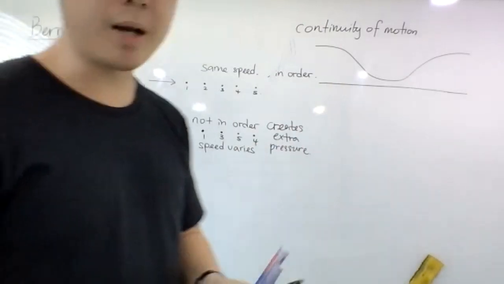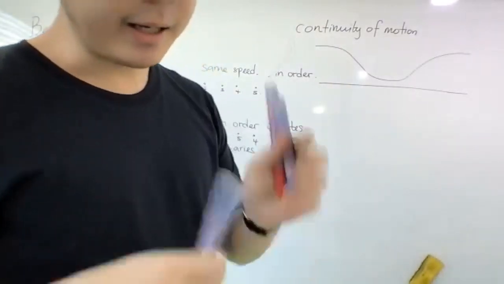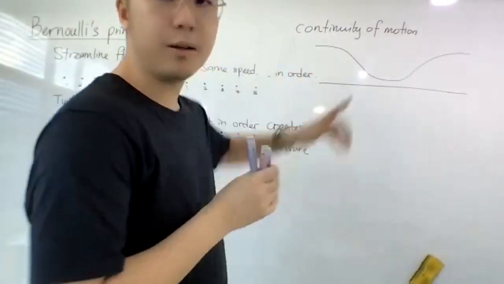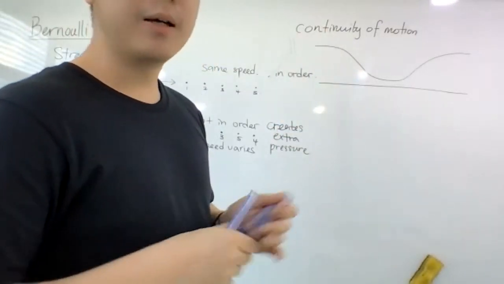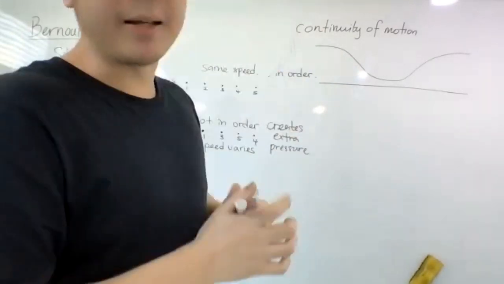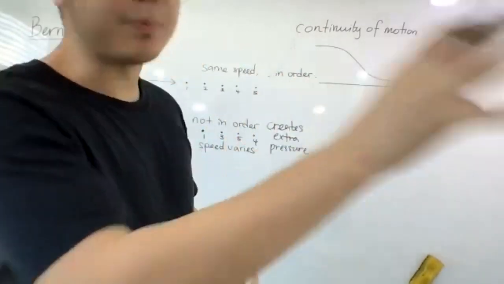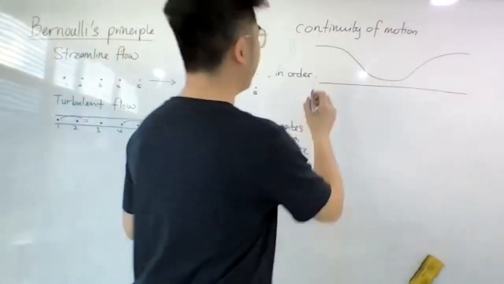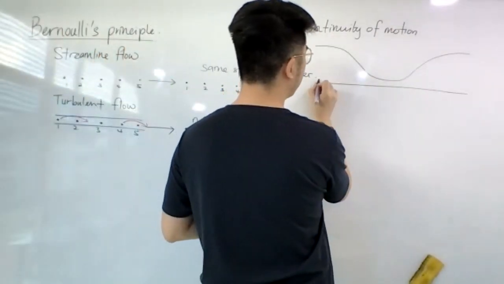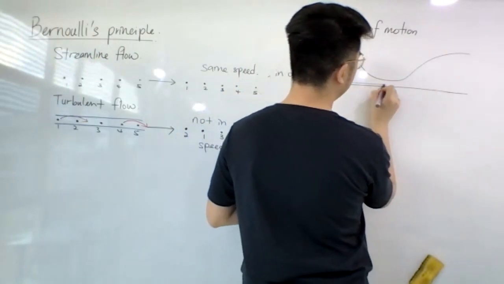That means one will not overtake the other. If I want to draw the liquid flow, I will draw what we call streamlines, a kind of line representing the flow of water. The way we draw it, it has to be a continuous line like this.